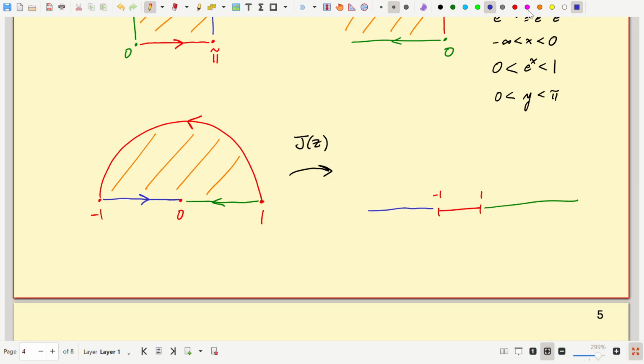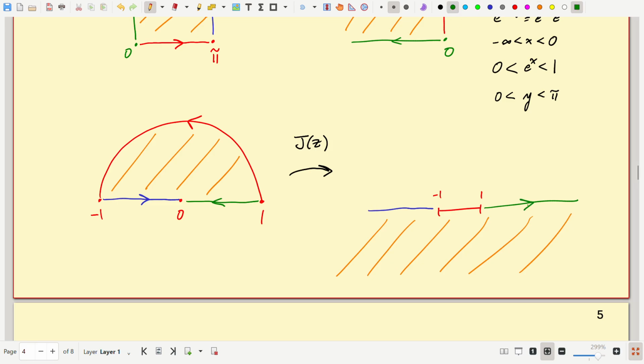I open the green one out to the right and the blue one out to the left and dump it into the lower half plane. That's the feeling. If you think of that as a sheet of rubber, remember it's conformal, and these actions of opening that up and stretching the rubber out is how the mapping actually works.